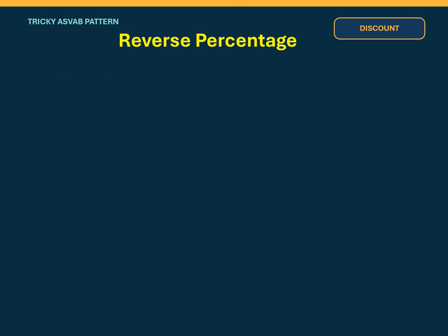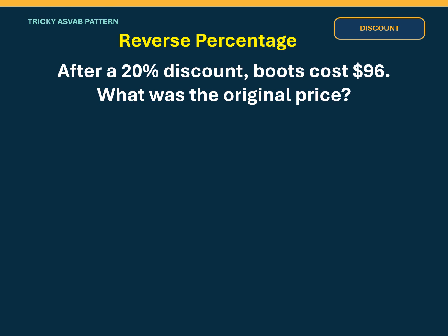Here's a problem that appears frequently on the ASVAB exam and catches many test takers. After a 20% discount, boots cost $96. What was the original price? Many students multiply 96 by 1.20. That is incorrect. Why?